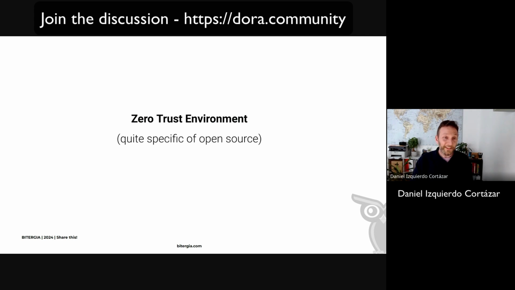And just to be sure, when Amanda asked me, hey, do you mind sharing a title and an abstract, one of the words I used was essential in software development activities, but this is essential specifically for open source. This is because it is a zero trust environment.